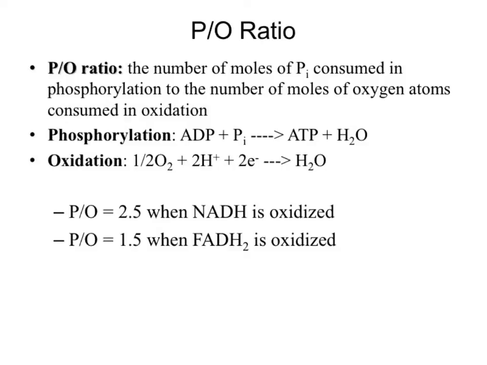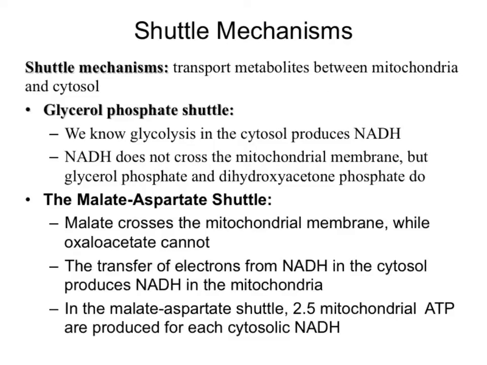Okay? And it just has to go with how the electrons are getting transferred and how NADH and FADH2 are making it into the electron transport chain. Okay? So NADH is a much more efficient transfer of energy. FADH2 happens to store a bunch of that or not allow for the transfer of that quite as easily, which gets us to our shuttle mechanisms.